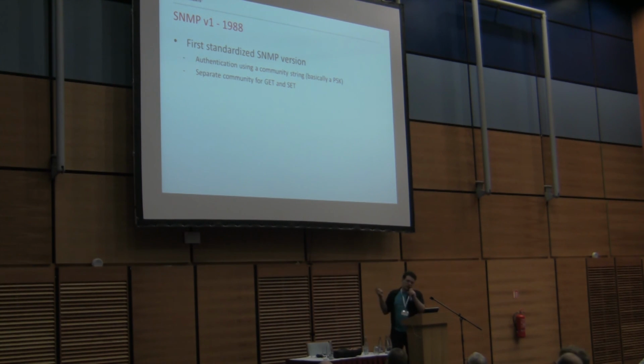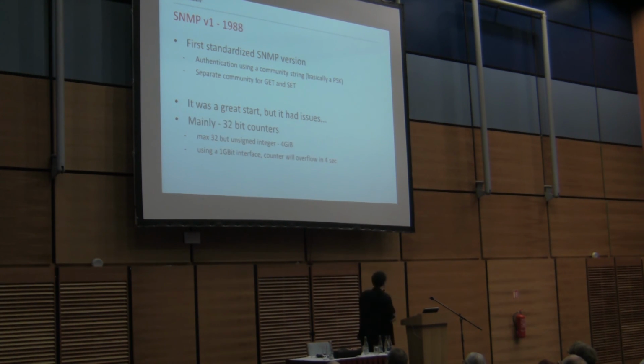And you can have separate communities for get and set, so you can have separate pre-shared keys for get and set. And it was a great start, but for 1988 it was a great start, but today we are 27 or something years later, so it has many issues for usage today, and that's mainly 32-bit counters. So the maximal 32-bit unsigned integer is 4 GB.